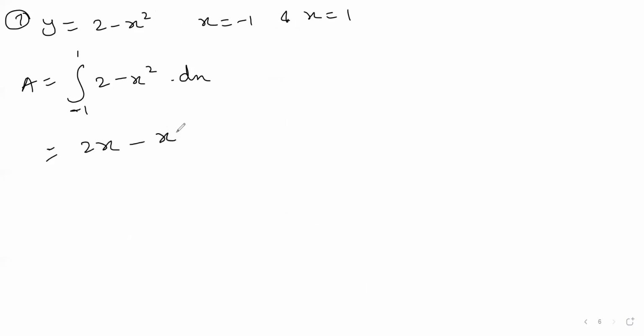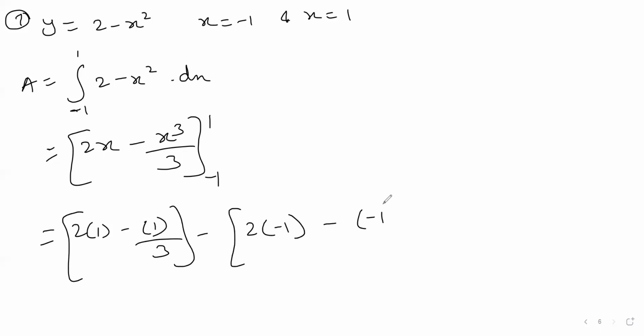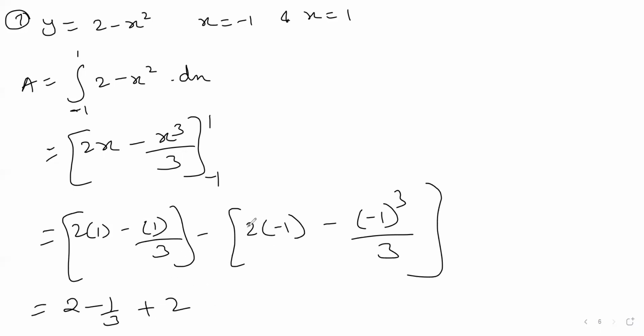It is 2x minus x cubed by 3, minus 1 to 1. So it is 2 into 1 minus 1 upon 3 minus 2 into minus 1 minus (minus 1) cube upon 3. This is 2 minus 1 by 3 minus, this is minus 2 minus plus 2. This will be minus minus plus and this will become minus 1 by 3. So this will be 4 minus 2 by 3.